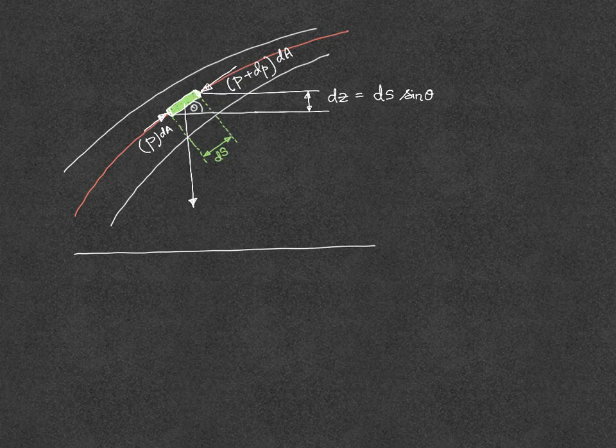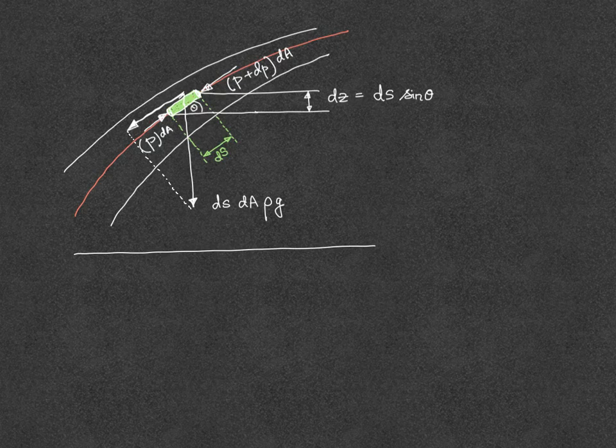Weight of the fluid particle is ds dA volume into rho g, and this is the component of the weight along the streamline.